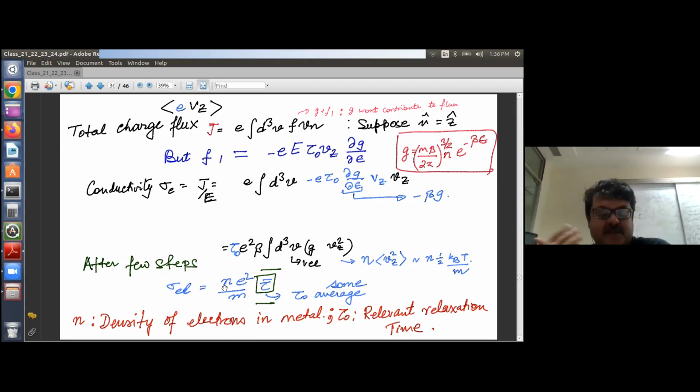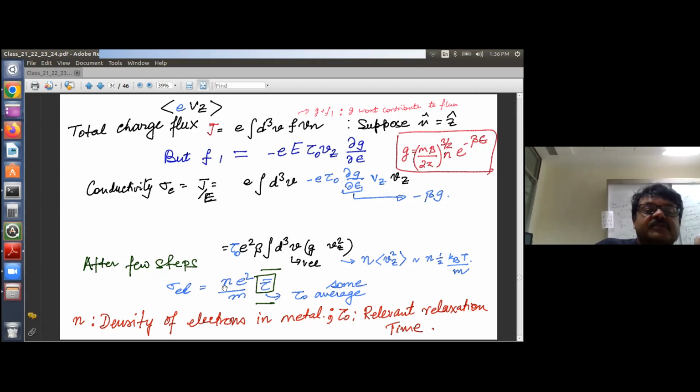Anyway, even if you have not done it, I cannot put everything in one lecture, but this density of electrons is accessible to you, at least for semiconductors, in Hall measurements, right?